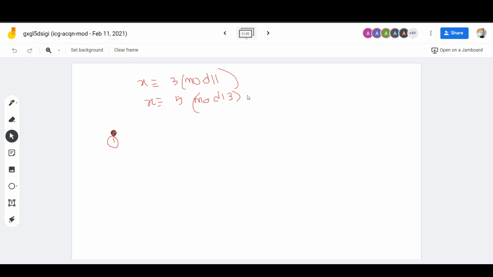In step 1 I want to calculate my capital M value. That is 11 into 13, which is 143. Then we need to find capital M1.